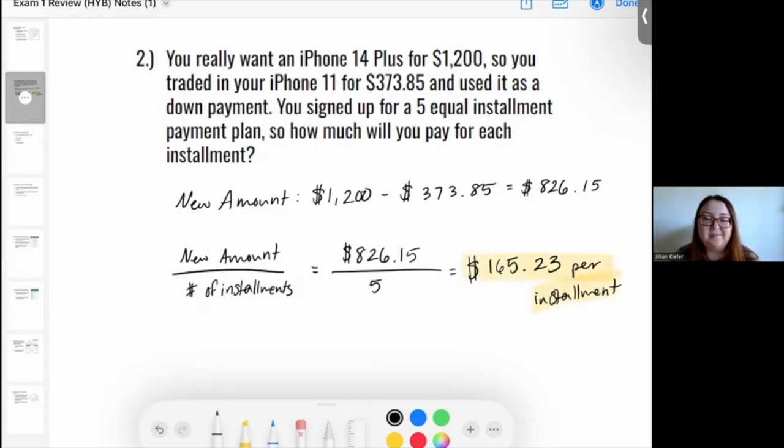And there we have it. So in that case, we set up installment planning based on how much we actually owed, which is your original minus your down payment, divided by the number of installments, which in our case was 5. So, all right, that wraps up number 2.